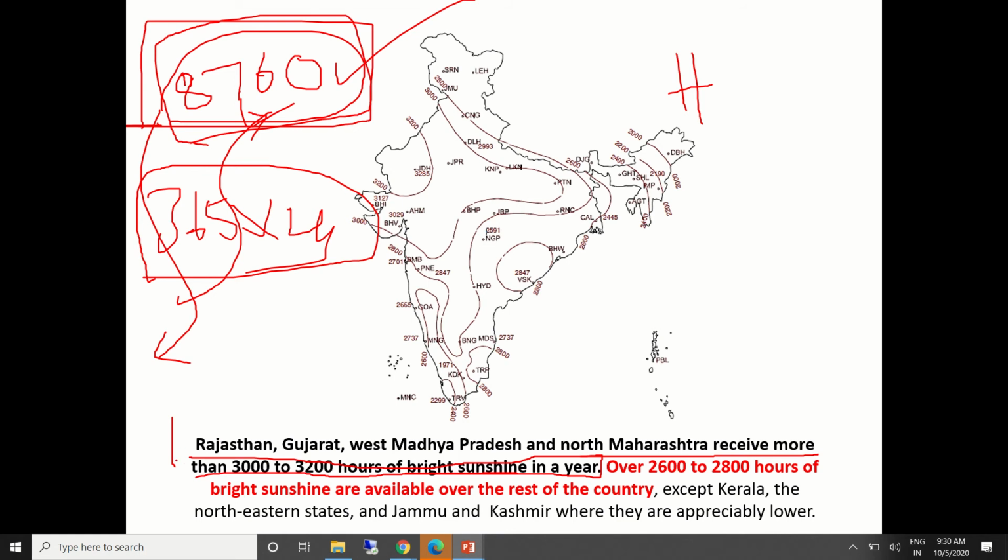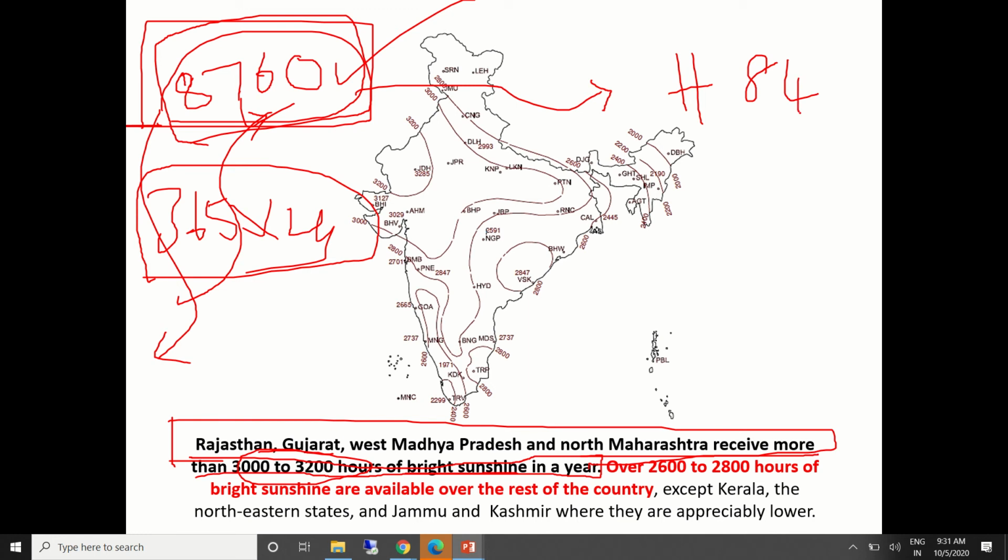For example, in this part of the country, we almost receive about 3000 to 3200 hours of sunshine. If you divide 8760 by 2, roughly 4400 hours we have.